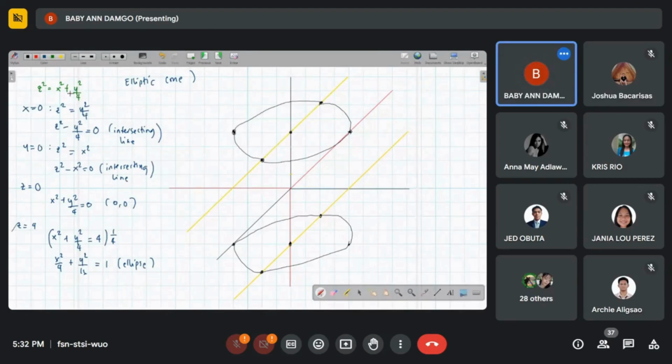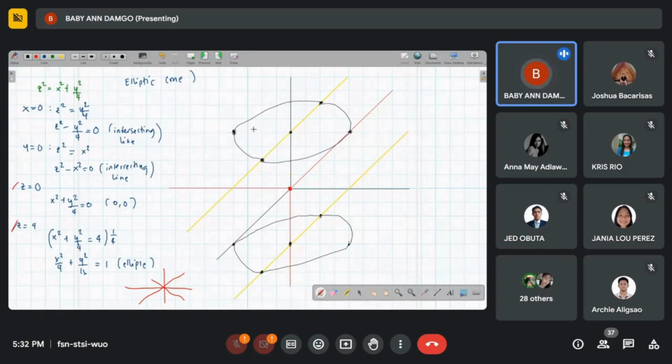I-red lang siya. Okay? Ang z equals 0, 0. So nata dire. Okay? Next, ang x equals 0. So intersecting line na siya class. So kung naa ka here, mura na siya yung ani this one. Nga mo intersect sa 0, 0.